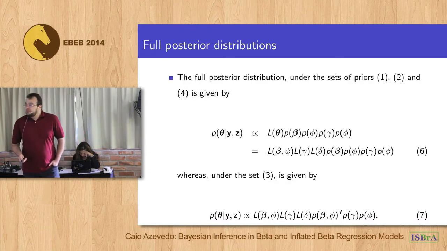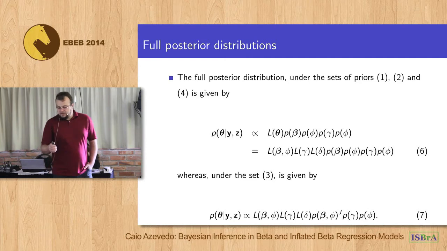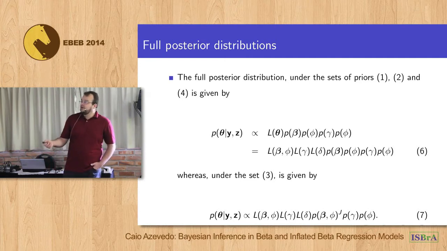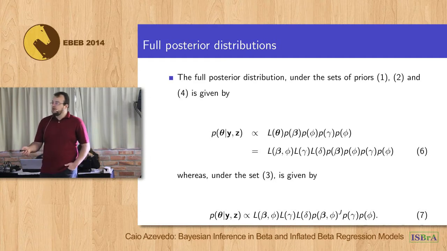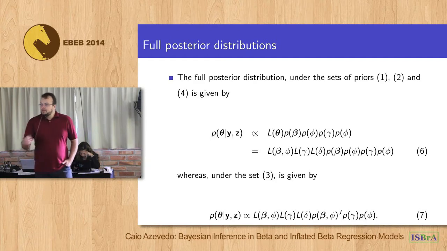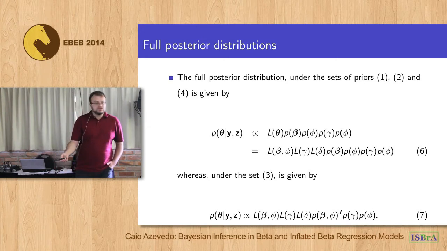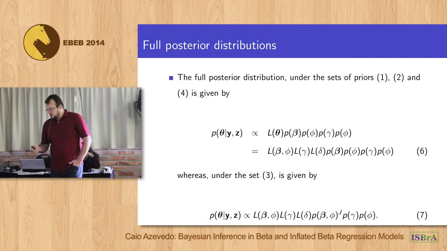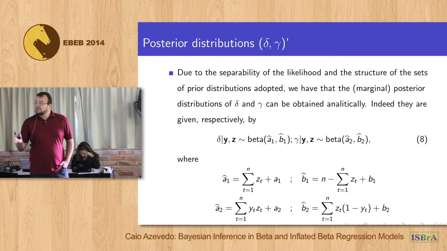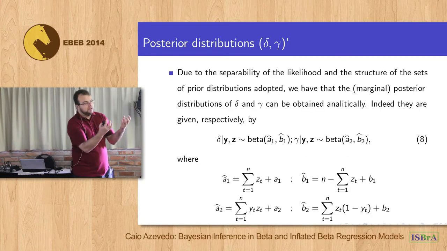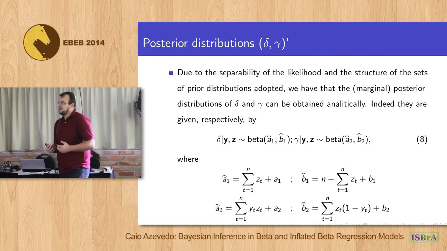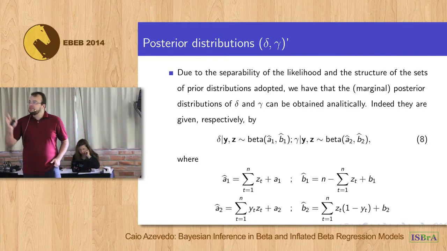So under this setup, the full posterior distribution is like that if you are using the prior distributions 1, 2, and 4. And if you assume a Jeffreys prior distribution for beta and phi, we have this posterior distribution. Only for delta and gamma is it possible to obtain the exact posterior distributions.